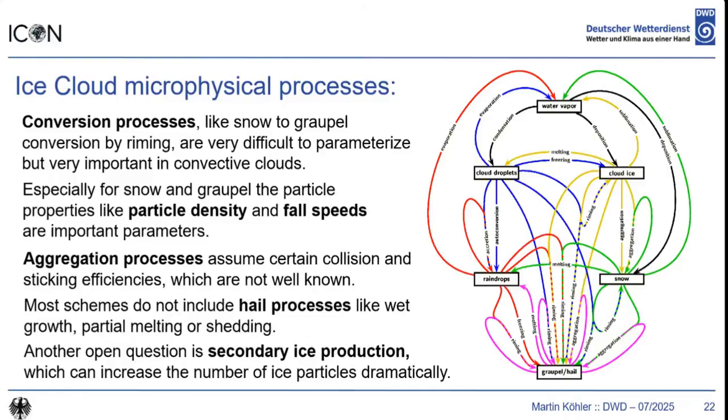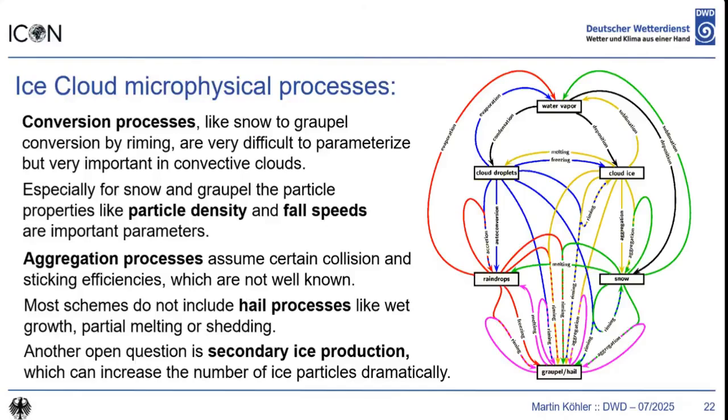And then you have some conversion processes. All of them are important, and many of them are very complicated. Especially for snow and graupel, particle properties like particle density and fall speeds are important parameters. Also, the cloud ice fall speed is an important tuning parameter, for example.